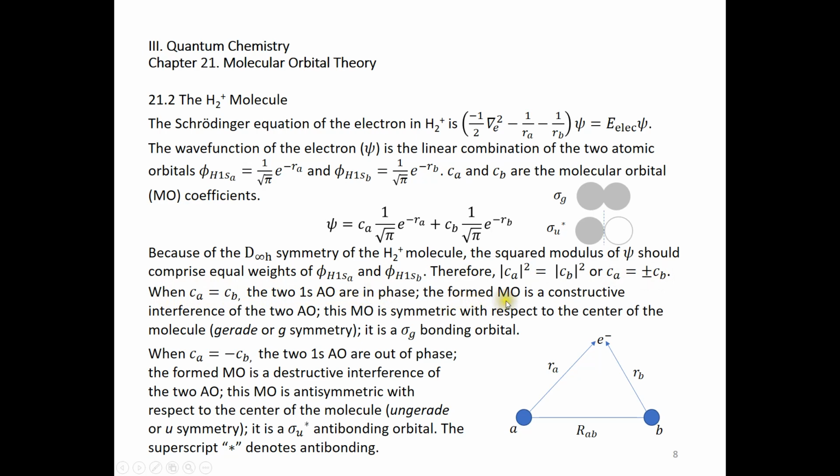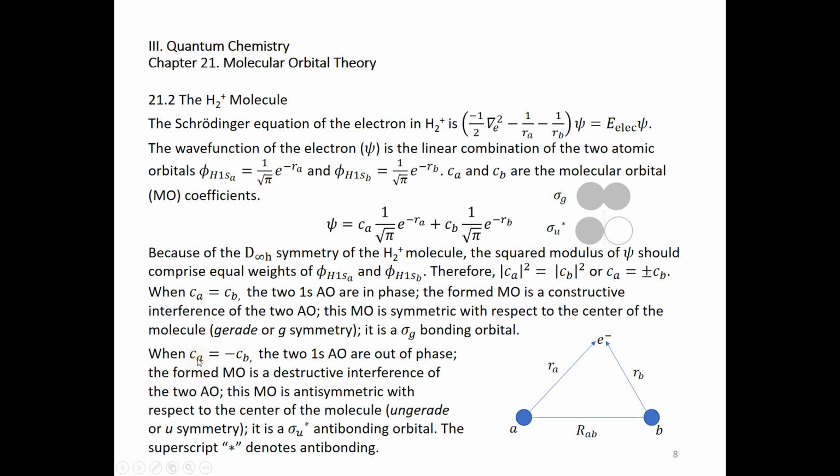The formed MO is a constructive interference of the two AOs. And this MO is symmetric with respect to the center of the molecule. It's the so-called sigma g bonding orbital. G is the first letter for gerade, or g symmetry. Gerade, I think, is a German word that means symmetric or even function.